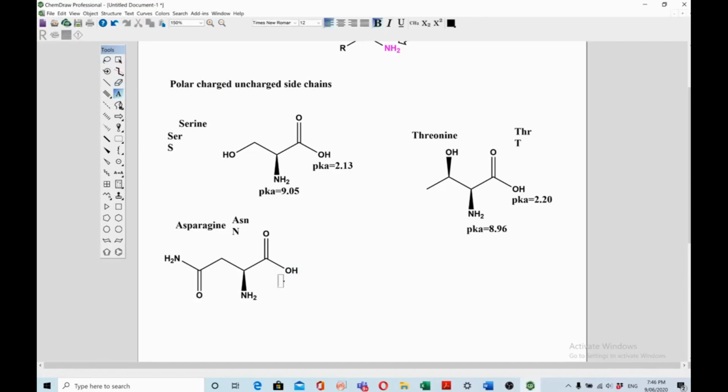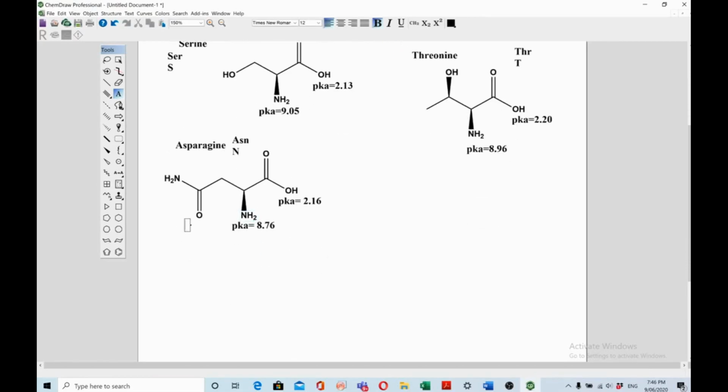Now let's put the pKa. This is asparagine having a pKa value of 2.16, and this NH2 having a pKa value of 8.76, and that's it.